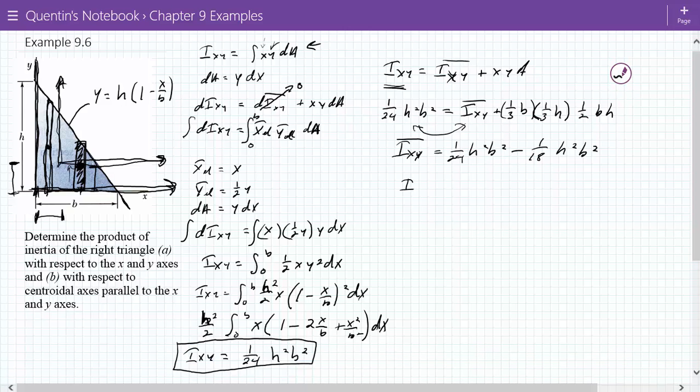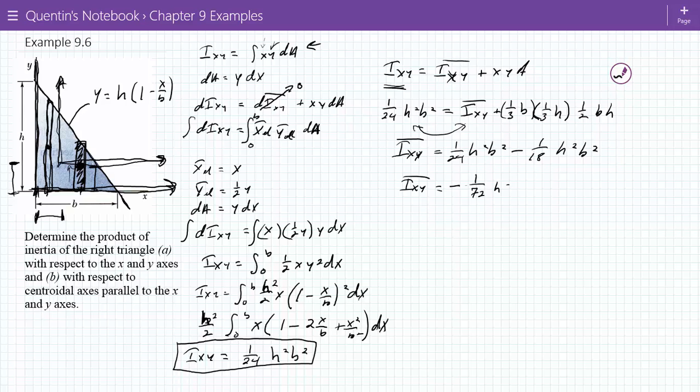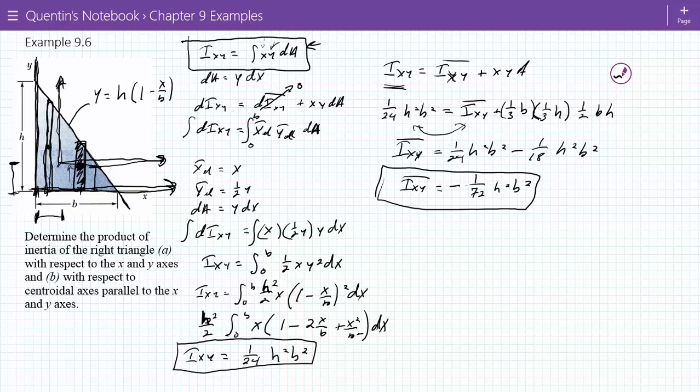So Ixy bar ends up being minus 1/72 h squared b squared. You'll notice it is negative, and that's okay because of the nature of this equation right here, you can have negative answers as your products of inertia. So the product of inertia through the axis that passes through the centroid is negative 1/72 h squared b squared.